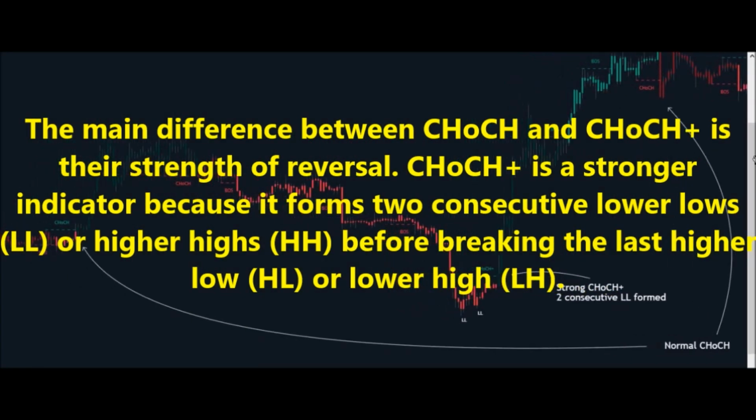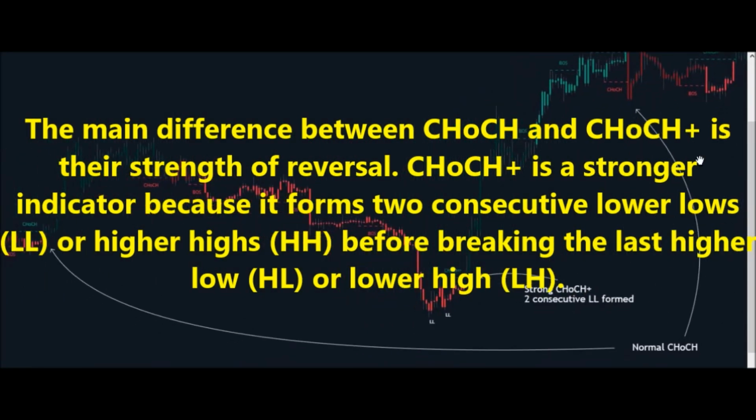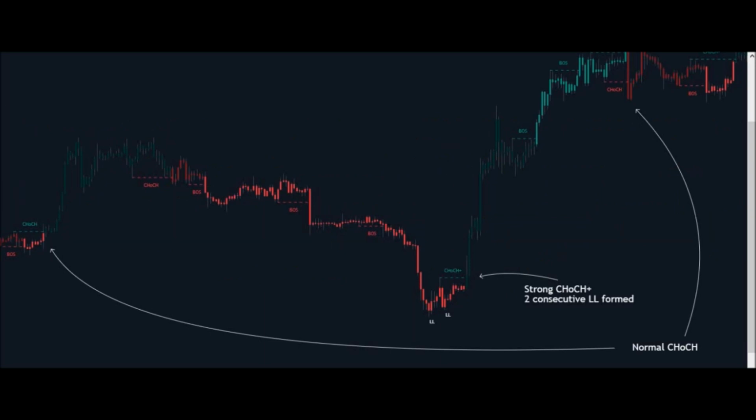So in simpler terms guys, you come to realize that we have two types of change of character. We have a change of character which has a plus, and a normal change of character, which is actually this one over here. There is a difference, because the change of character with a plus points to a more solid change in trend, whereby we will have a lower low.